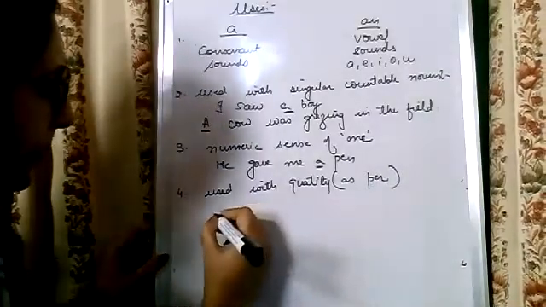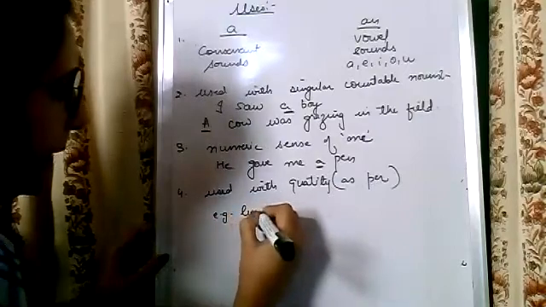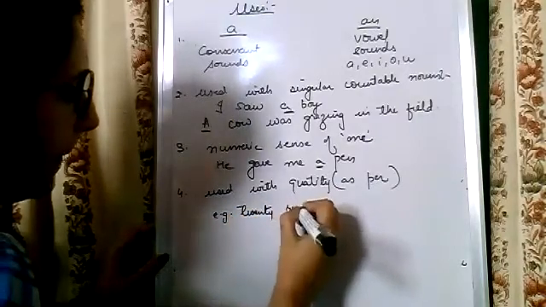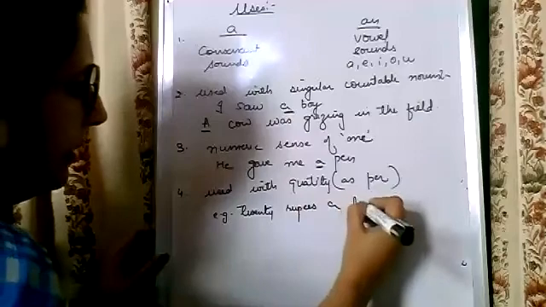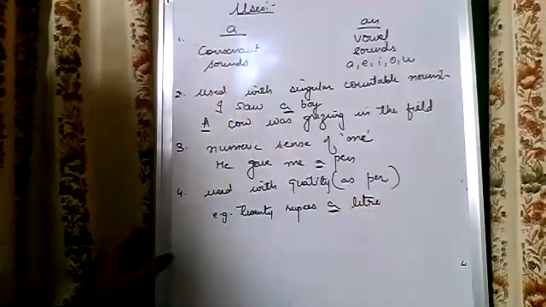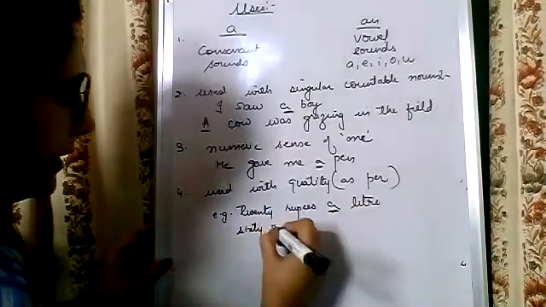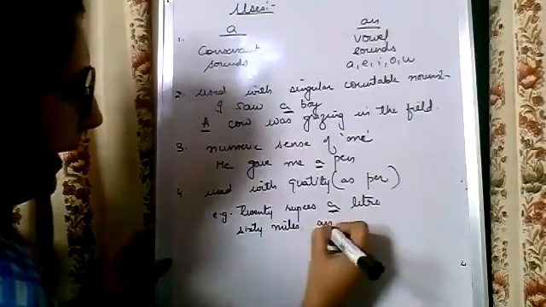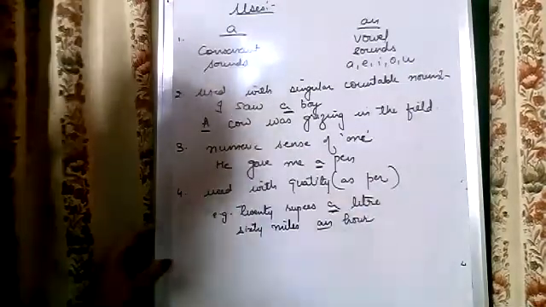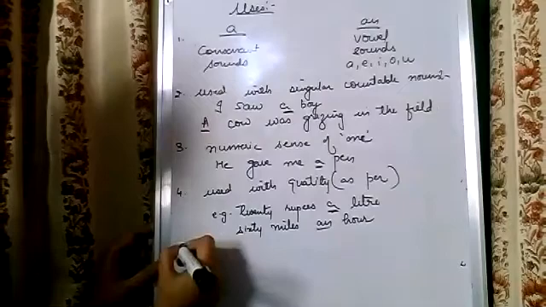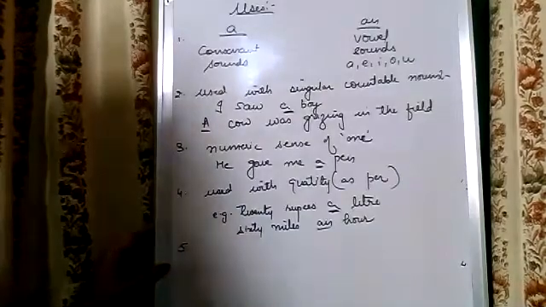Twenty rupees a liter. Here it gives the meaning of 1 per liter. For example, Sham drives the car at 60 miles an hour. So it is also used there.